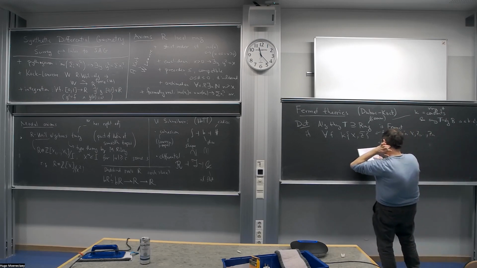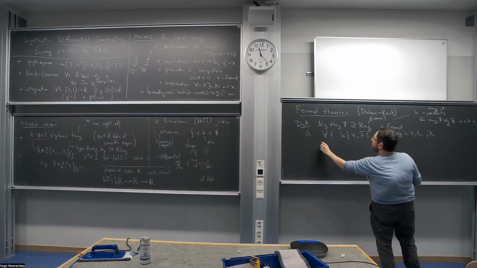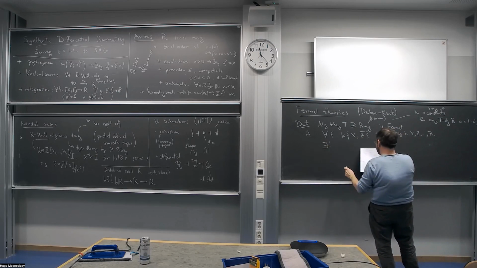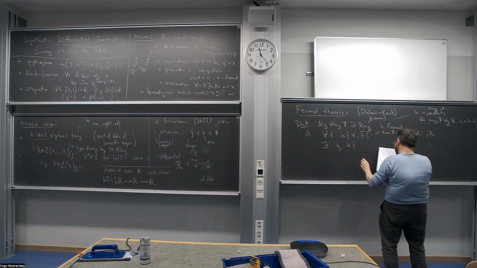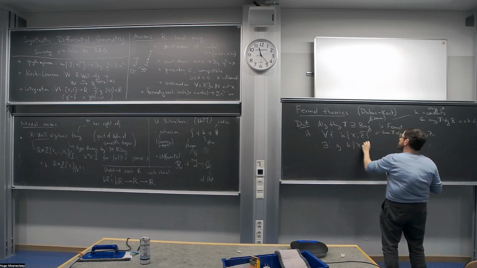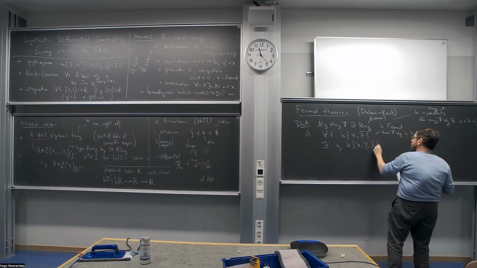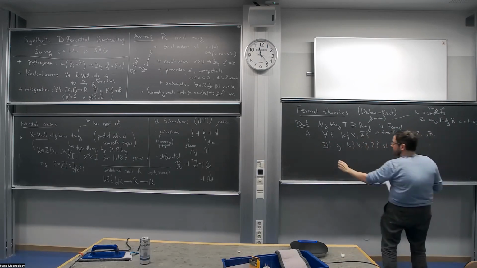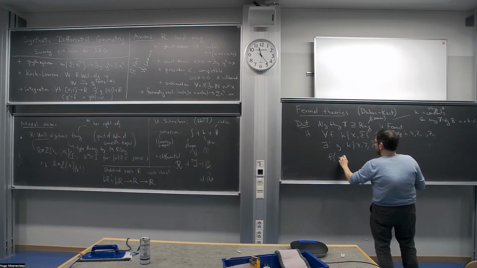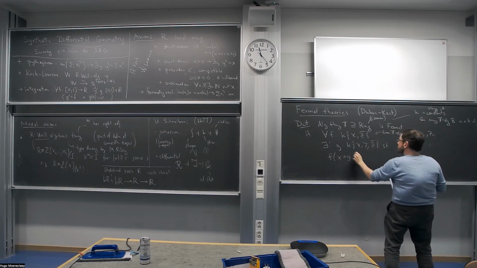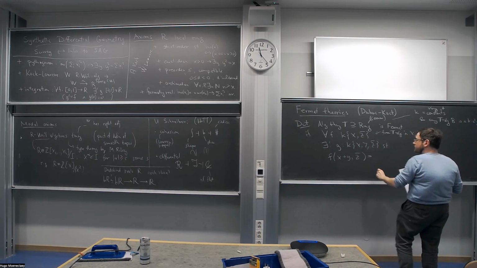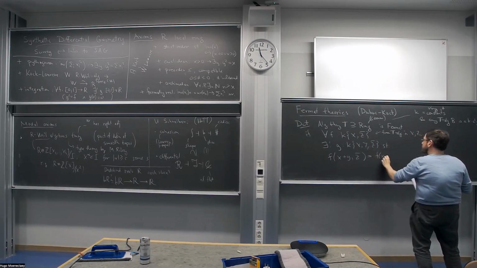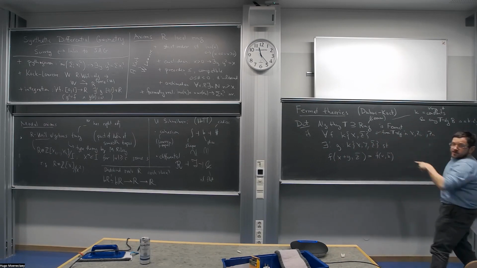For any operation f in n+1 variables, there exists a unique operation g in 2 plus n variables such that f of x plus y and then the z is equal to f of x and the z. So the z's are just parameters.